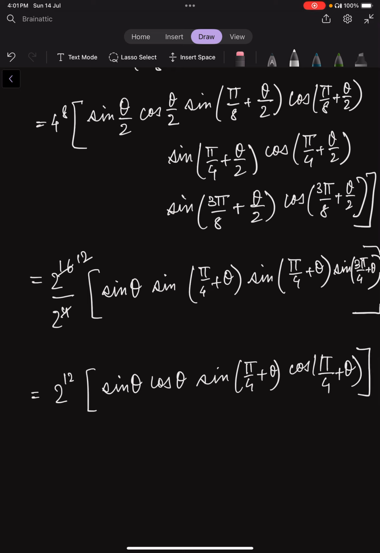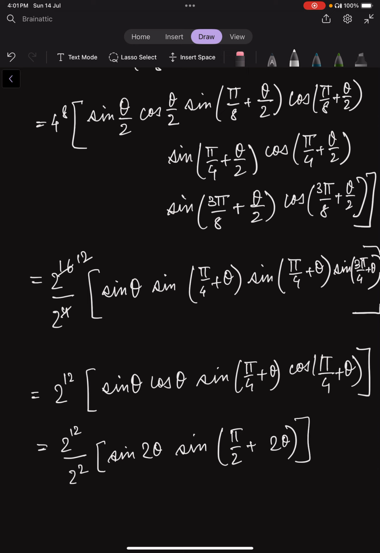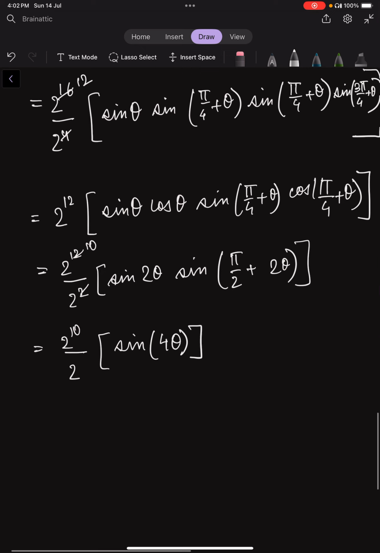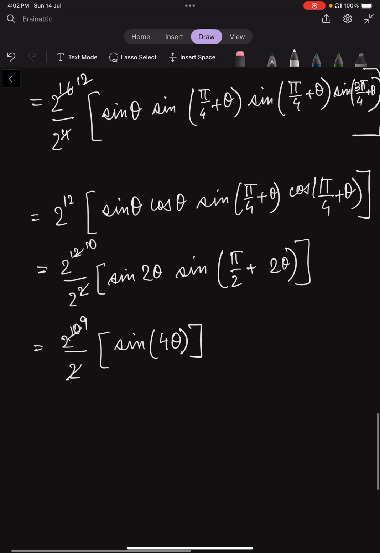And now what I have is 2 power 12 by 2 square, and this gives me sine 2 theta and sine pi by 2 plus 2 theta. So this is my result. Now eventually I can write this as 2 power, this cancels and makes it 2 power 10, and then 2 power 10 by 2, again I have sine 4 theta. So this is what I get eventually. So I'll cancel this out, 2 power 9.